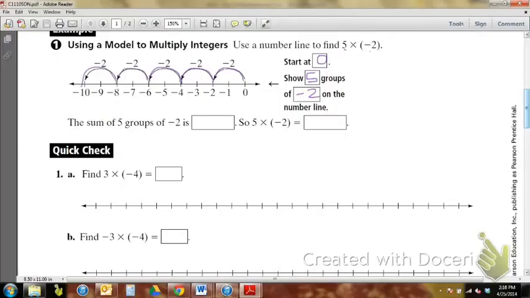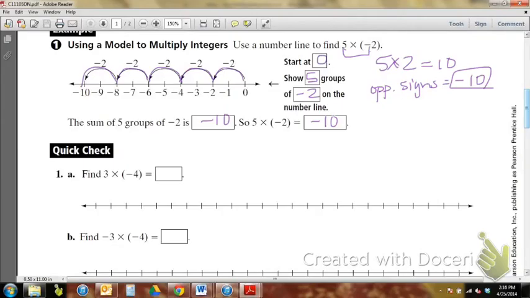So if I put all those together, then I know that I get negative 10. So 5 times negative 2 is negative 10. Okay? And again, I know that 5 times 2 is 10. And because they had opposite signs, I knew that my answer had to be a negative 10.